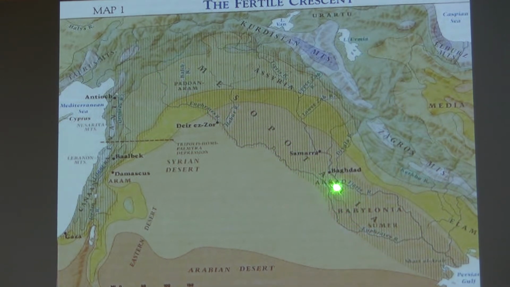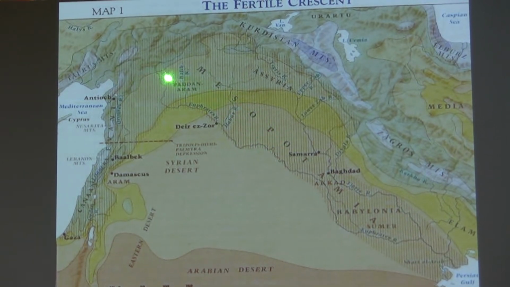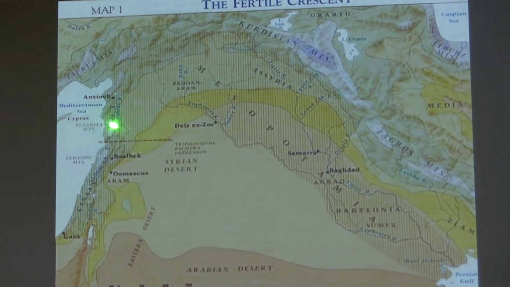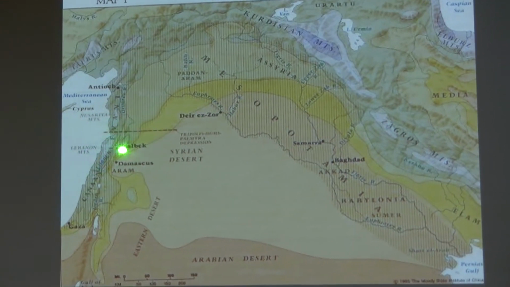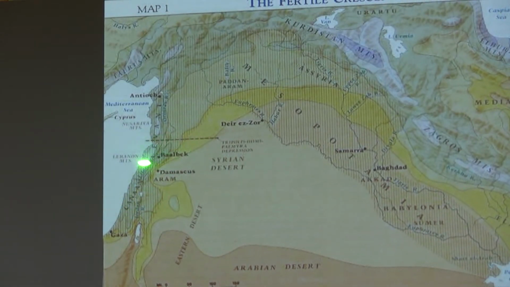Then, as you make your way up through here, when we get into our historical units, we're going to talk a lot more about Padan Aram and so forth. You're going to come along the Mediterranean coast, and so we have a thinner slice of the south and southwestern side of the Fertile Crescent, right along the Mediterranean coast.